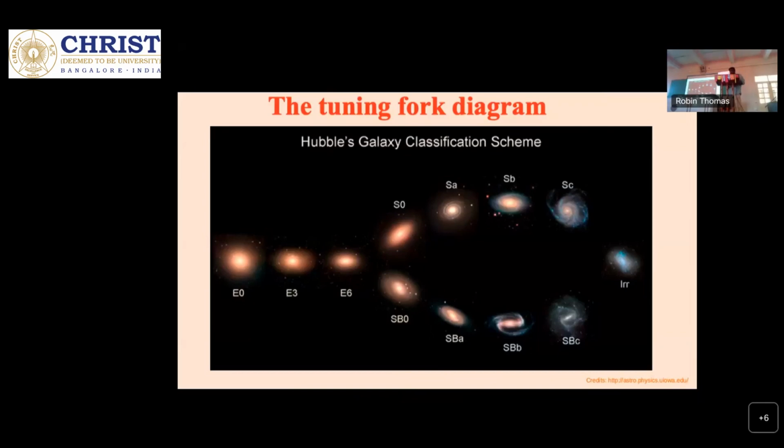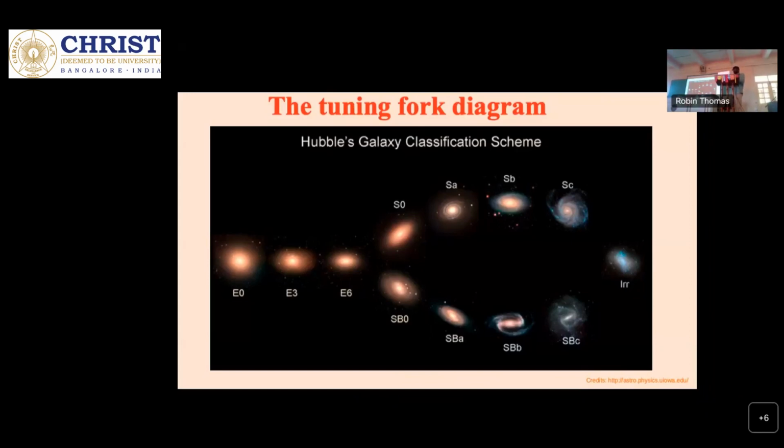By that time, his idea was that the evolution of galaxies happens from elliptical to spirals, which means there will be a spherical structure first, and following that, the spiral arms will form. So the evolution would be in that order. That's why he arranged it this way.